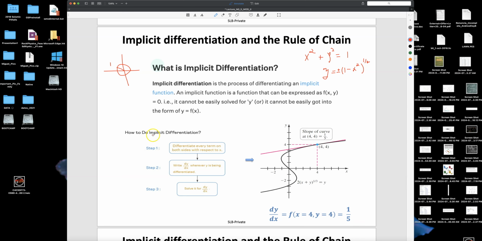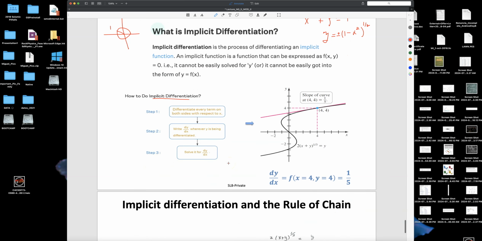Okay? And just to illustrate how we can do that, I made the detail for this exercise. In this exercise, they say, compute the slope of the curve, the black curve here, at the point 4, 4. And they are giving to you the slope, which is 1/5. 1/5 is the slope of this tangent line to the black curve at the point 4, 4.